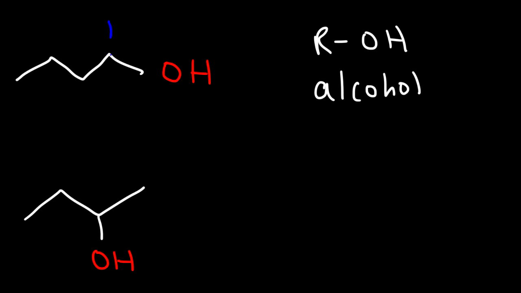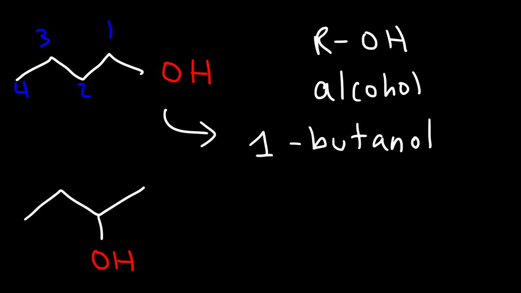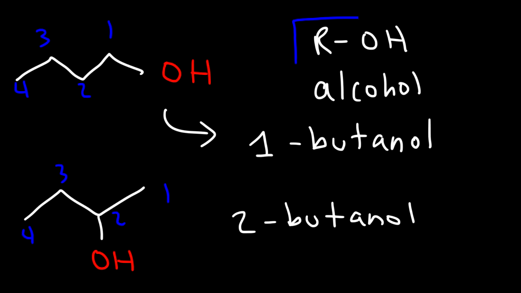So for this example, we have 4 carbons, and the OH group is on carbon 1, so this is called 1-butanol. For the second example, the OH group is on carbon 2, so that's going to be called 2-butanol. So if you see an OH group attached to a hydrocarbon chain, it's an alcohol.